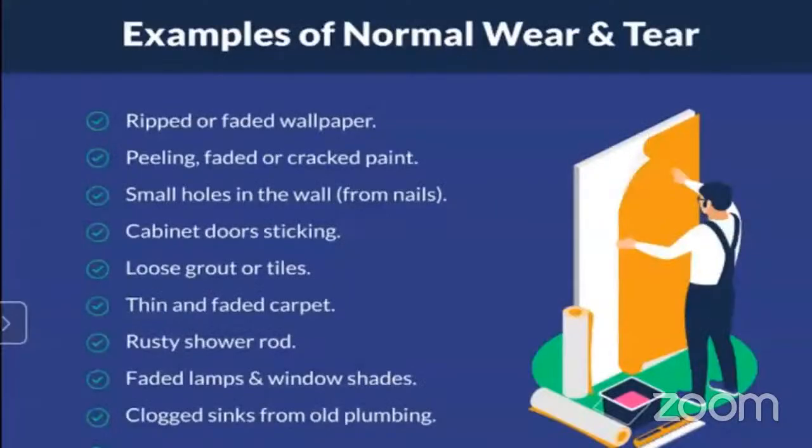Some examples of normal wear and tear: ripped or faded wallpaper, peeling, faded or cracked paint, small holes in the wall, cabinet door sticking, loose grout or tiles, thin and faded carpet, rusty shower rod, faded lamps, window shades, clogged sinks from old plumbing. In our house, we can observe this normal wear and tear, which leads to depreciation of the assets.